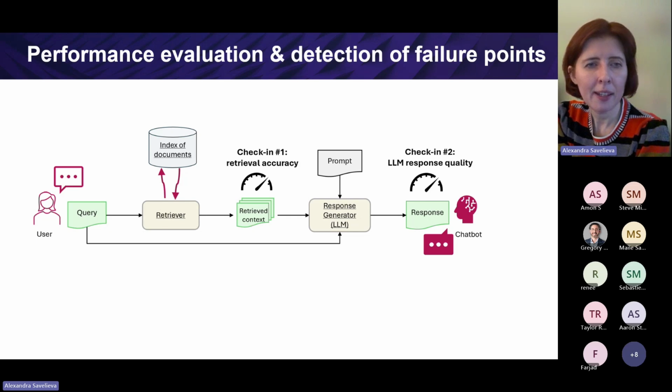So the key part I want you to take away from this slide is that the system has two important points that need to be measured. The first part is the retriever part. We have an index of documents and the retriever that talks to it.